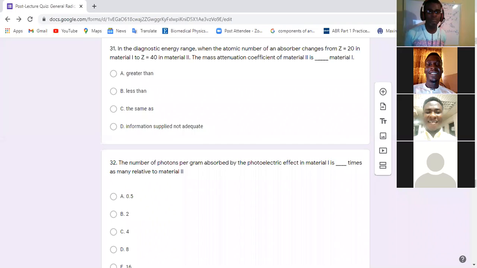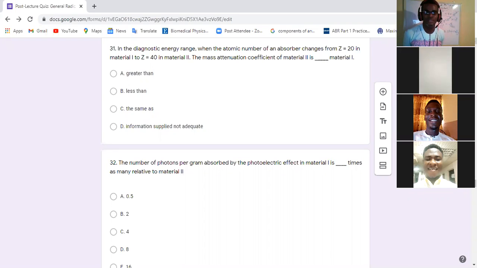0.5, sir. Half of it? It can never be 0.5 because we are talking about the photoelectric effect. Something should be raised to the power 3.